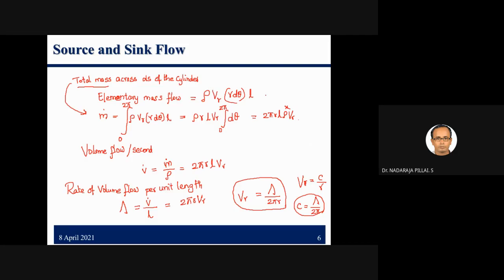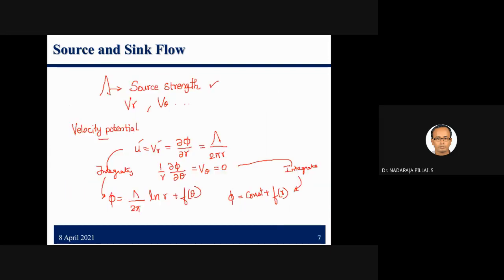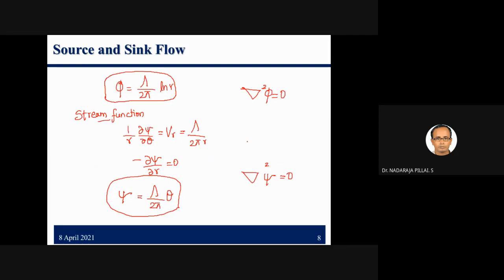Then we have considered an elementary mass flow, that is ρ A V, where A is r dθ into L. Then we calculated the mass flow rate, then the volume flow per second, then volume flow per unit length, and we equated it as the source strength. After calculating the source strength, we started working on calculating the velocity potential and the stream function.